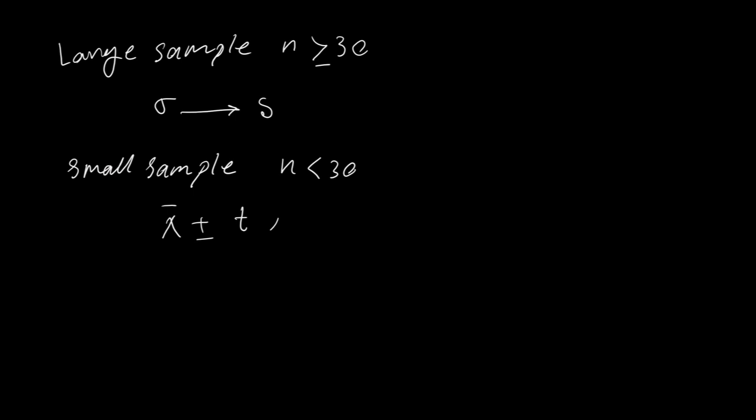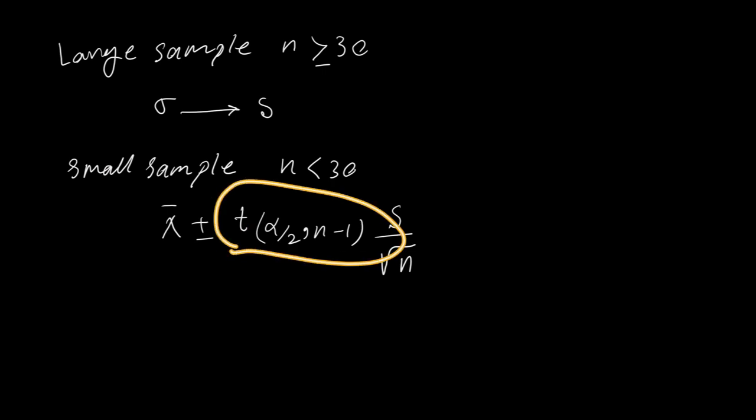So we have t of alpha half and n minus 1, which is the degree of freedom for the t-distribution. And because sigma is unknown, we use S over square root of n. You remember that the difference between the t-distribution and the z-distribution, which belongs to the normal, is that the t-distribution is wider and has heavier tails.